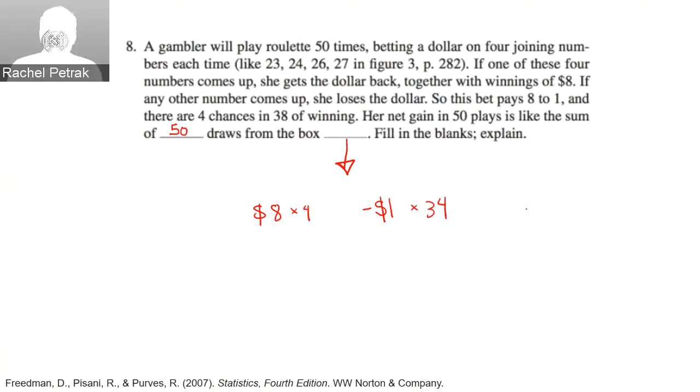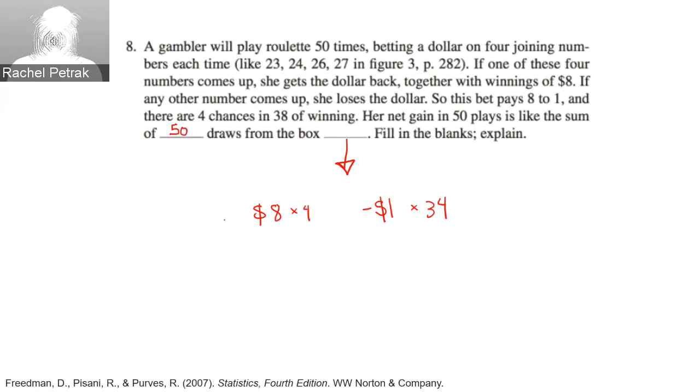Now we could write that all out, but it would just take a lot of time. It's really important to be able to accurately conceptualize the box. The box is the possible outcomes. It's not her bets. Her bets are not the outcome. These are just numbers she's taking a chance on, but they're unrelated to her winnings.